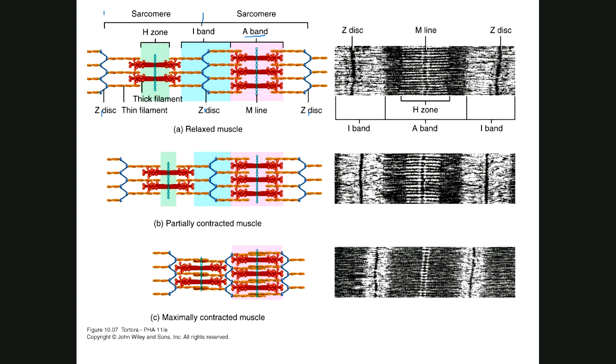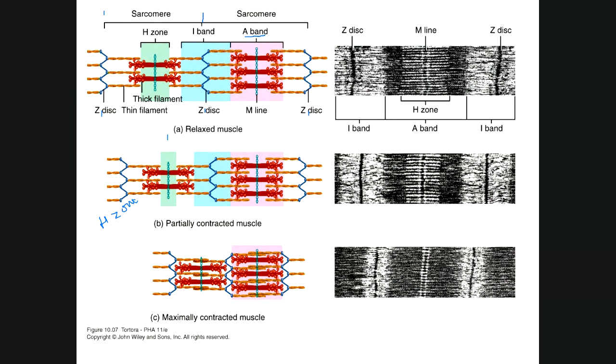So what things remain the same and what things are going to disappear? The H zone here, because these walk over each other, is going to disappear. And what was located in this H zone? The thick filaments.